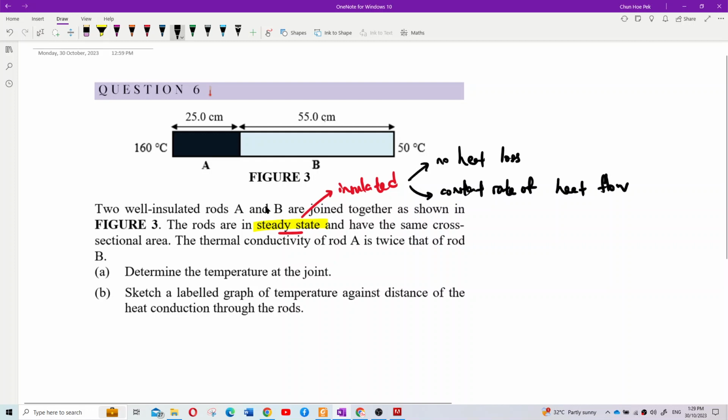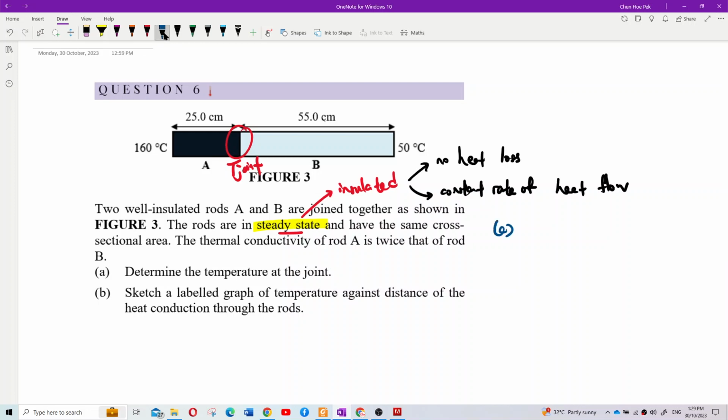That means now he wants you to find the temperature at the joint, so the temperature over here. This is the delta L. So same way again.